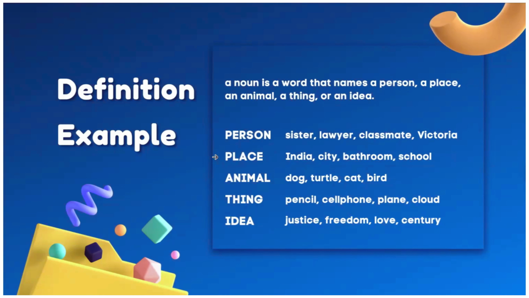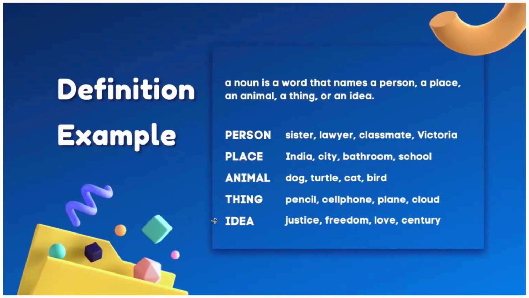Place: India, city, bathroom, school. Animal: dog, turtle, cat, bird. Thing: pencil, cell phone, plane, cloud.